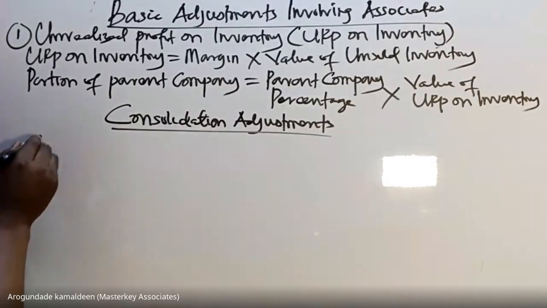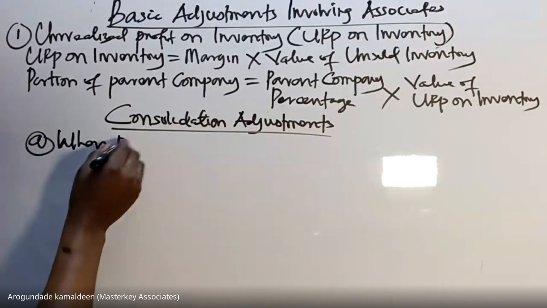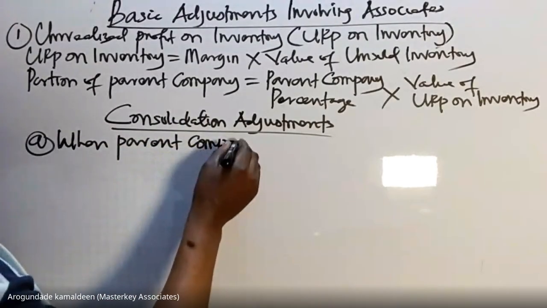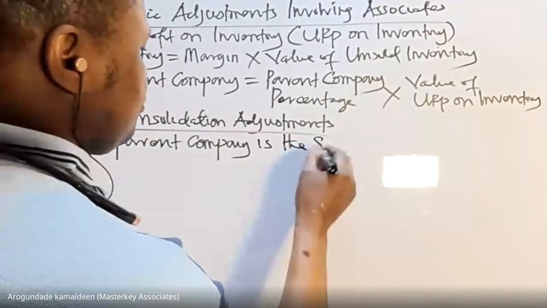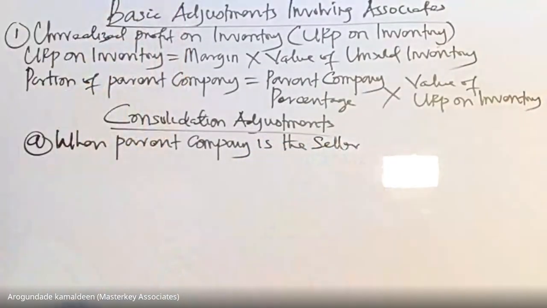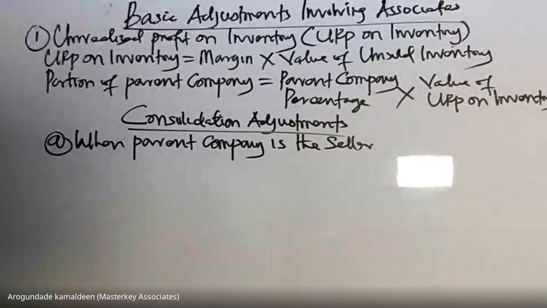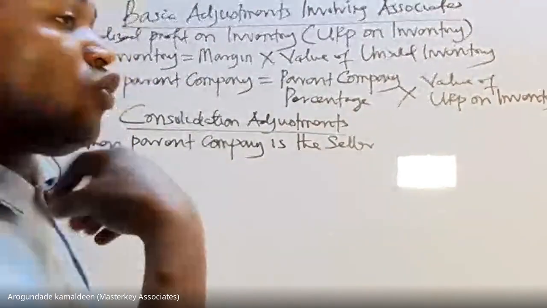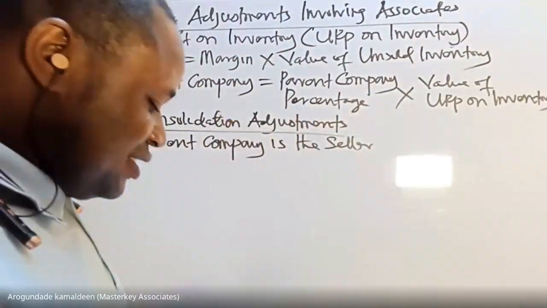A, when the parent company is the seller, class, in this case the inventory would be in the account of the associate.